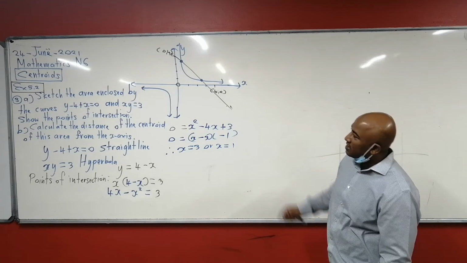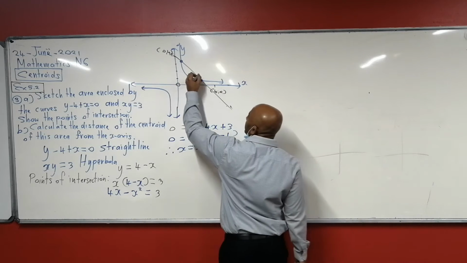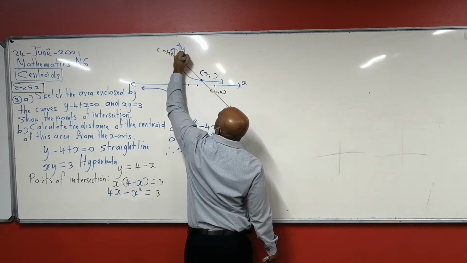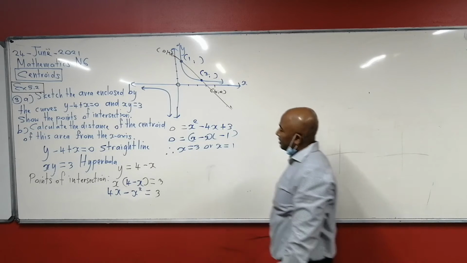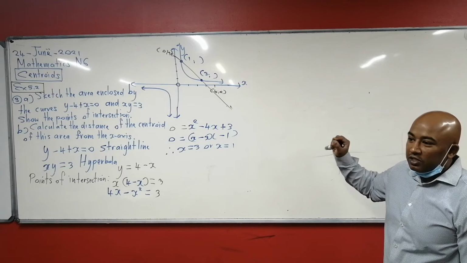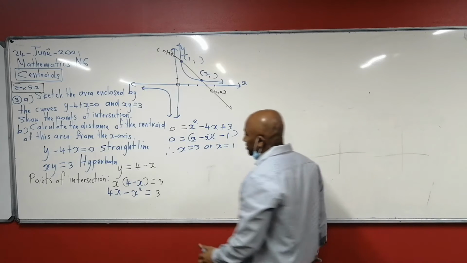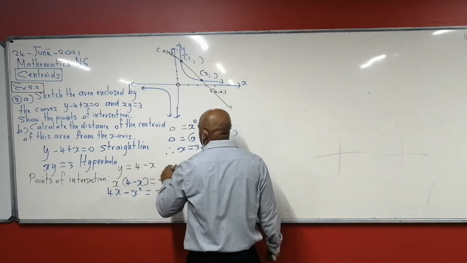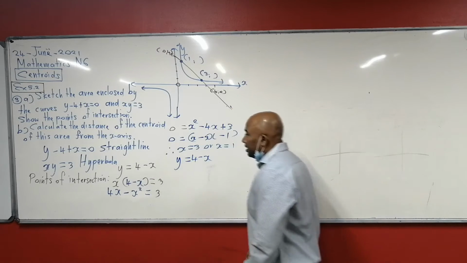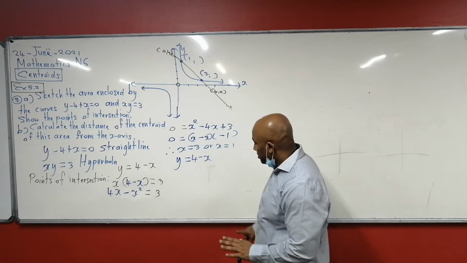It's almost accurate there on the board. So there's your 3 here when x is equal to 3, and here x is equal to 1. Now, what we need to do is find the corresponding y values. When x is equal to 3, what is y? I know that y is equal to 4 minus x. You must test both equations. So let's do this one for now.